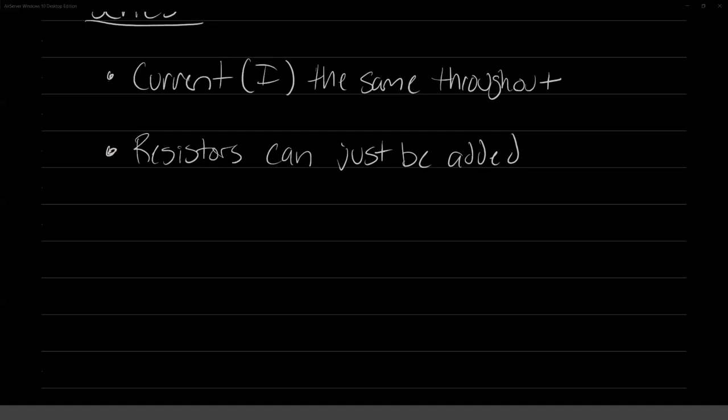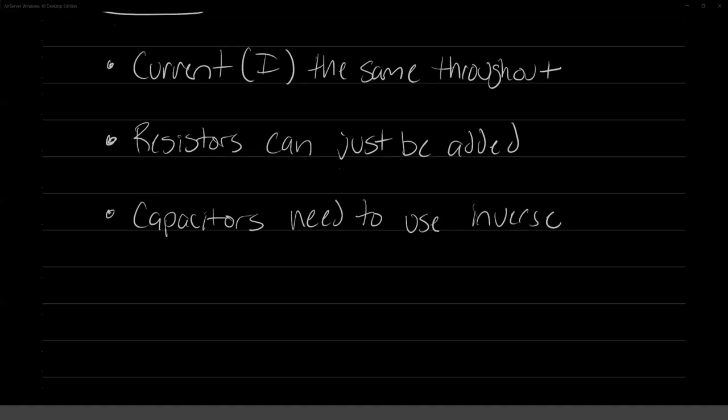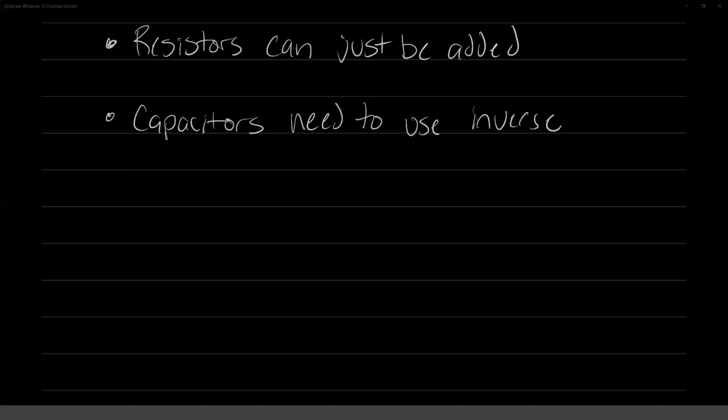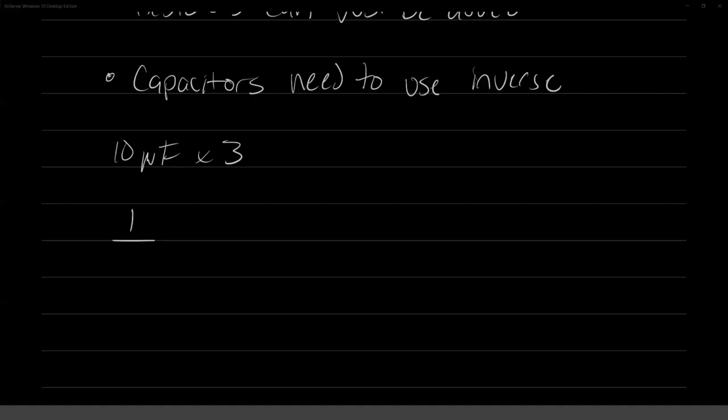But capacitors in series, you would need to use the inverse. So say you were in series and you had 3 capacitors, and they're all 10 microfarads, and you wanted to add them together to figure out the total capacitance. You'd have to do 1 over 10, 1 over 10, 1 over 10.